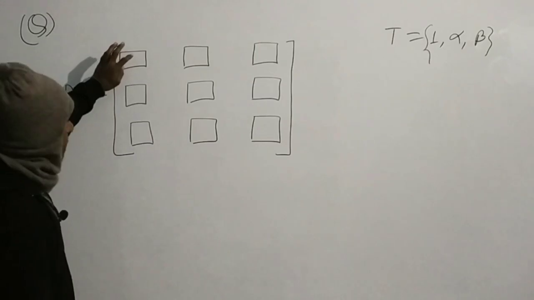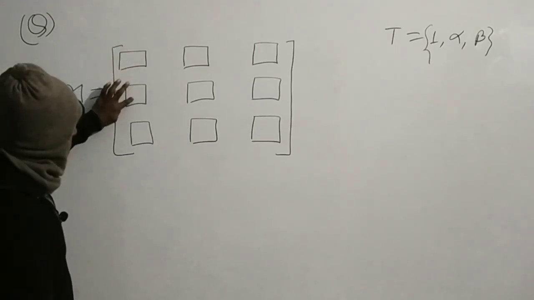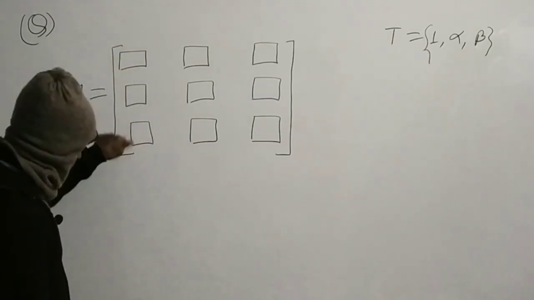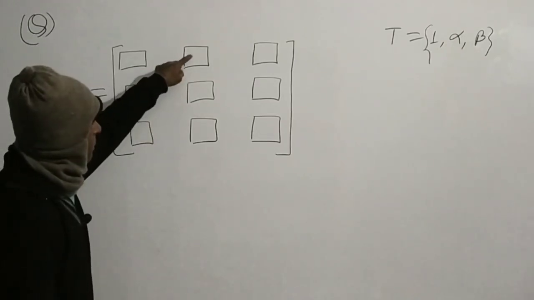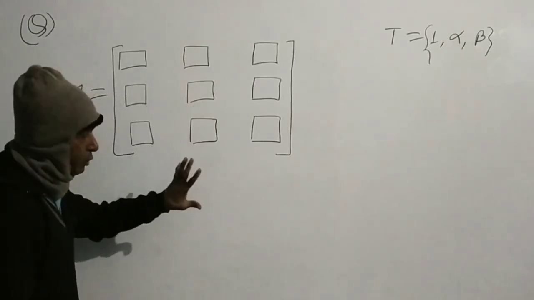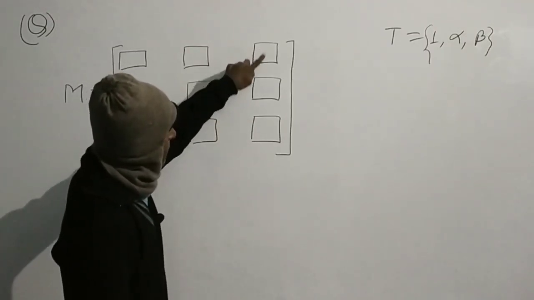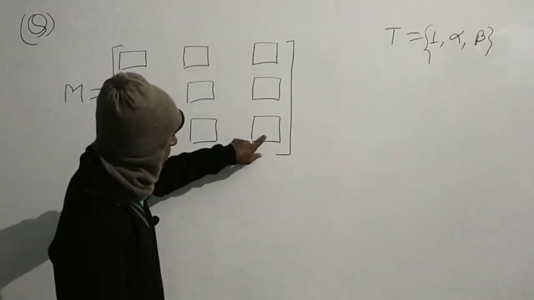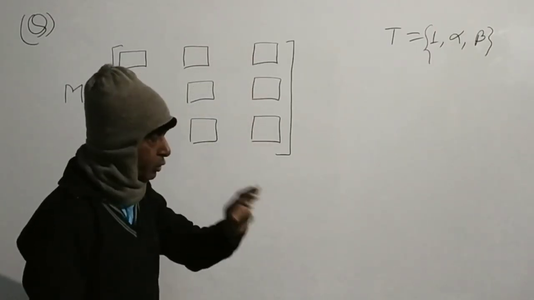That means elements here plus elements here plus elements here should be 0. Elements here plus elements here plus elements here should be 0.